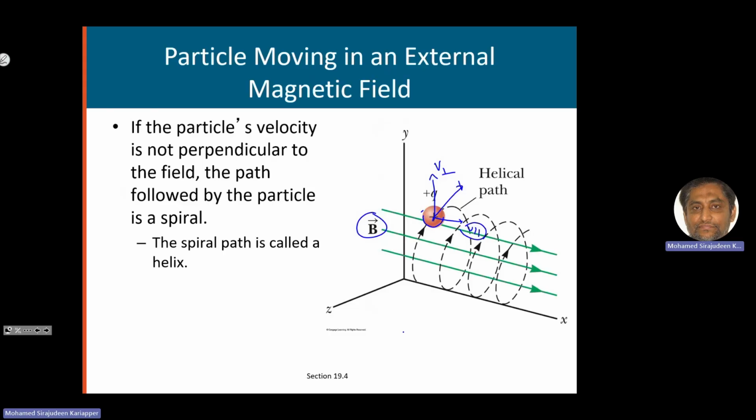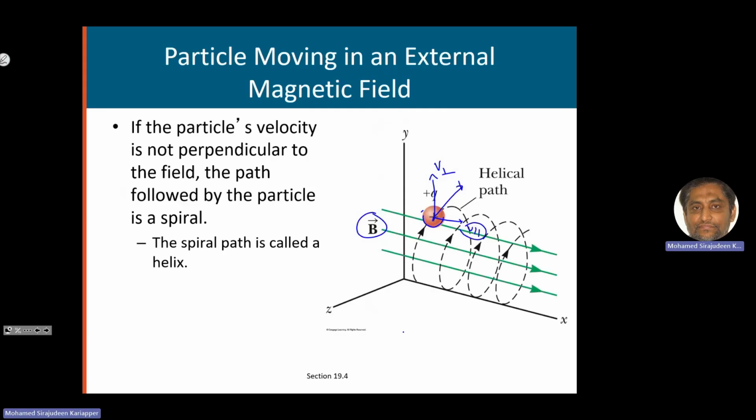At the same time, it has to describe a circle because of the effect of the force on the perpendicular component. It has to describe a circle, and also it has to move in the same direction as the magnetic field. Both have to happen. What will be the result? It will go like this. It will describe a circle.